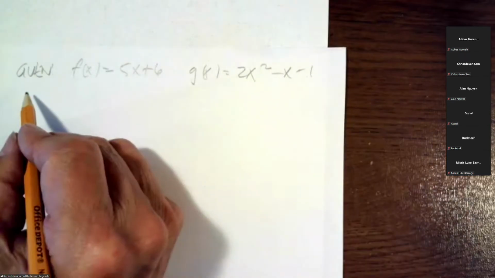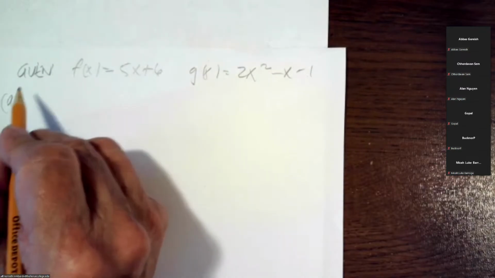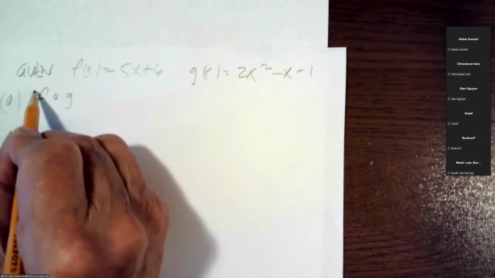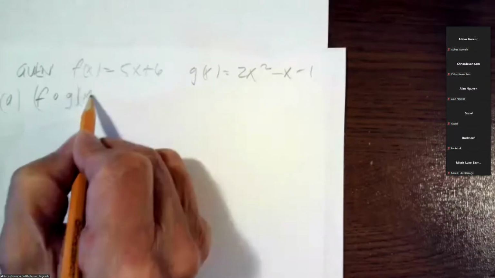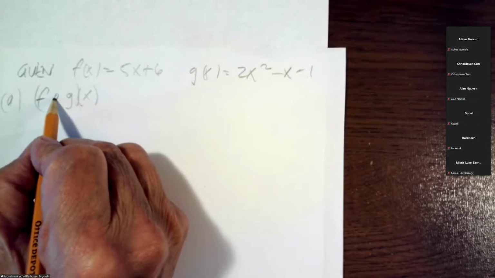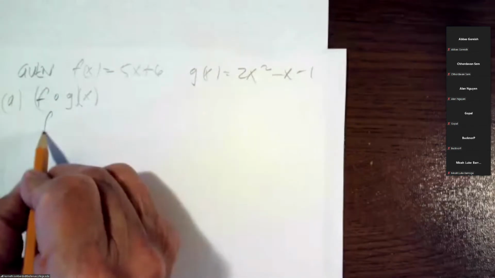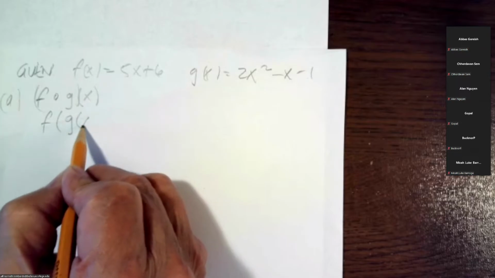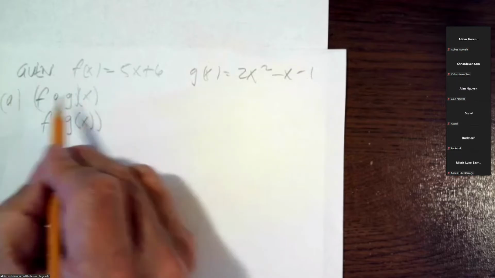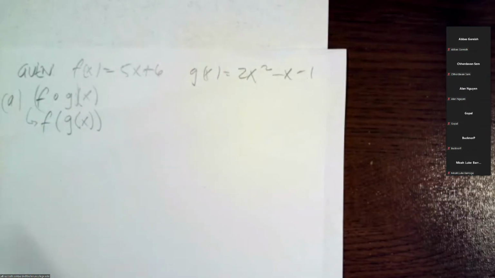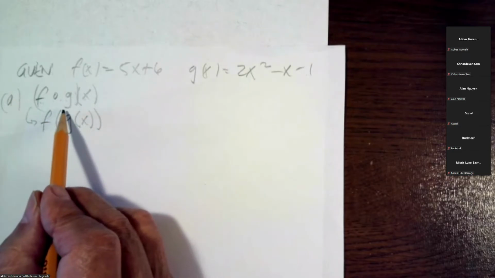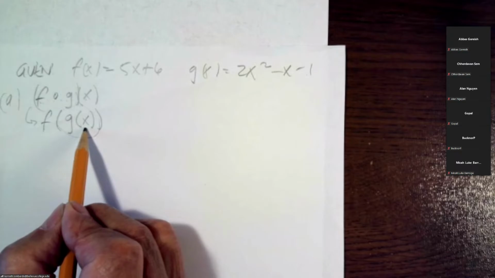And I ask you to find f of g of x. Now this isn't a multiply. This just says f of g of x. This looks like this. That's what this means: f of g of x.